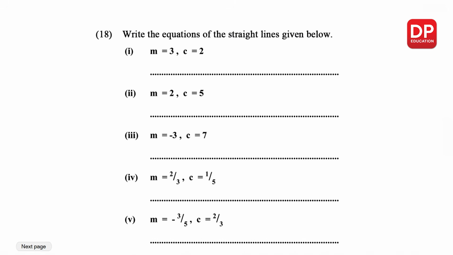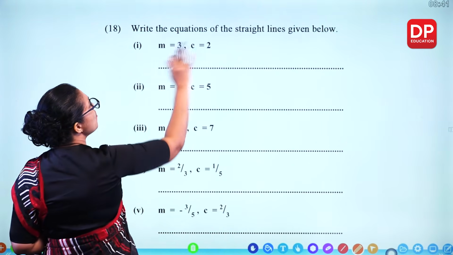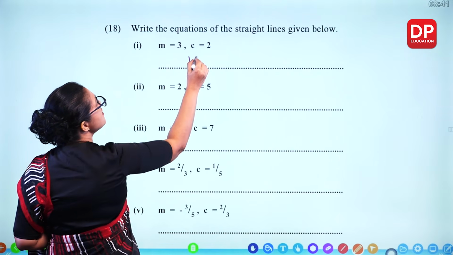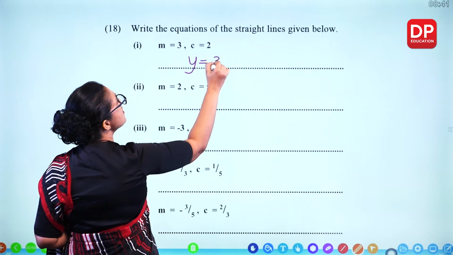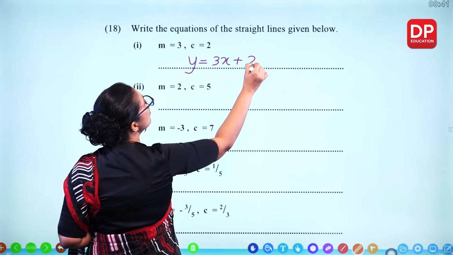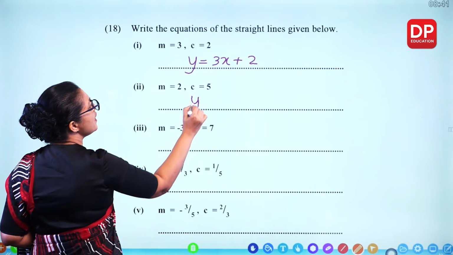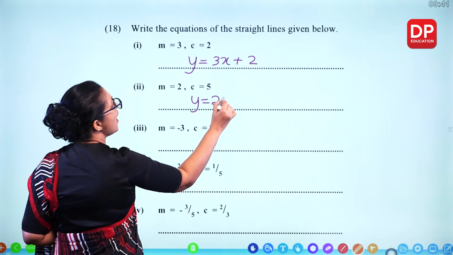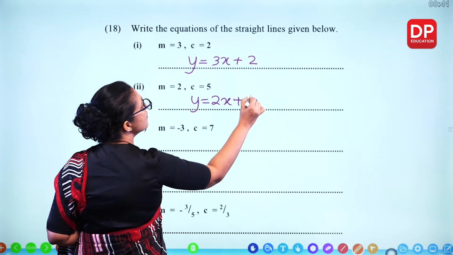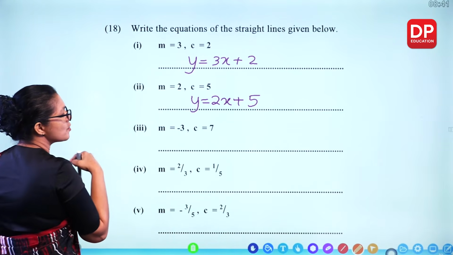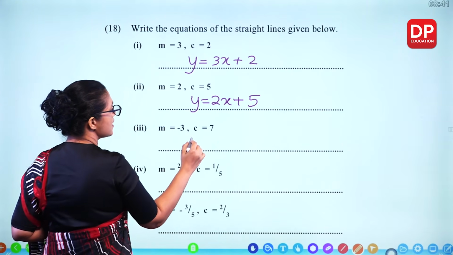Write the equations of the straight lines. Gradient and y-intercept are given below. So easily you can write y equals 3x plus 2. Y equals 2x plus 5. Minus now. Gradient is minus.